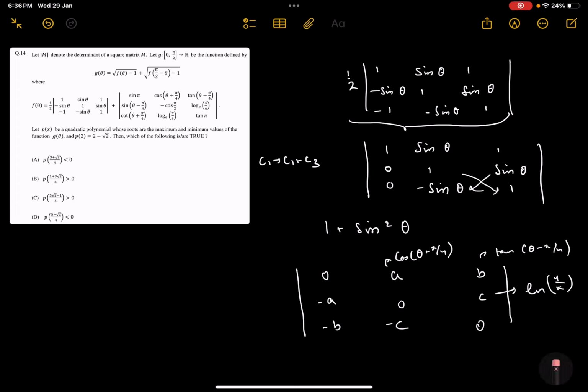So yeah, verify yourself if you have any doubts that this second matrix is a skew symmetric matrix and hence the determinant is 0.